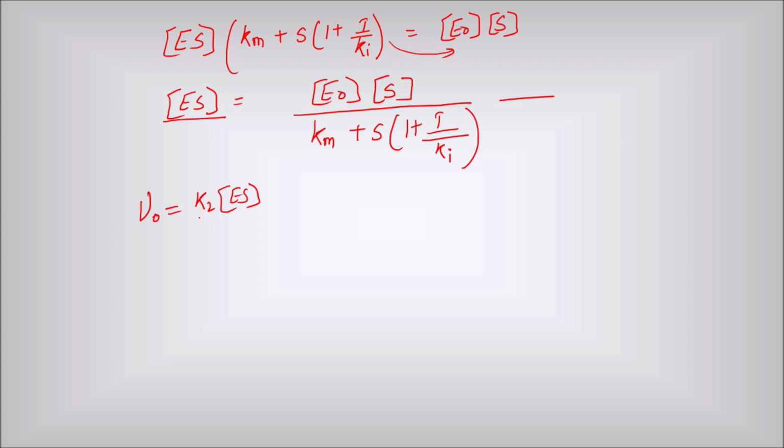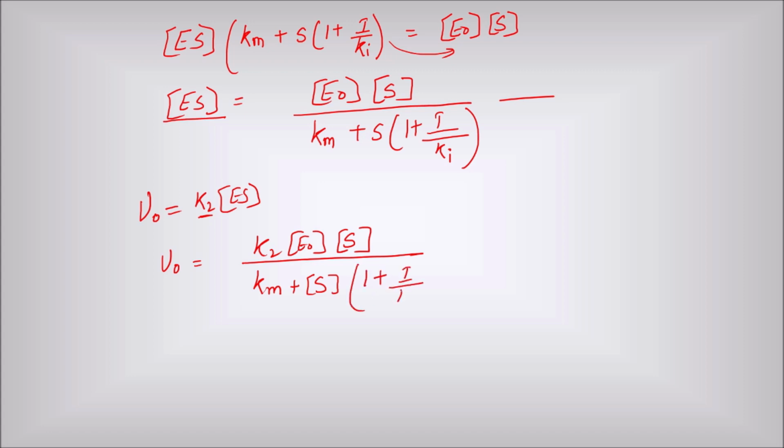When I multiply this K2 with this whole term, for the initial velocity V naught, I will be having K2 into E naught, the total enzyme concentration, into substrate concentration by Km plus substrate concentration into 1 plus inhibitor concentration by the equilibrium constant when the enzyme inhibitor is there.